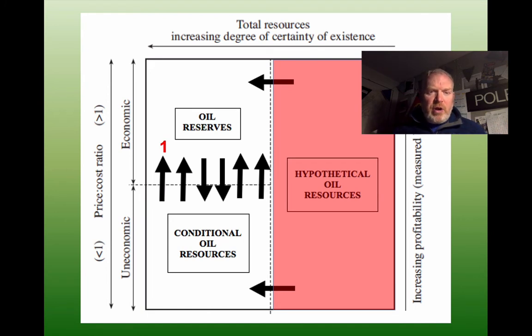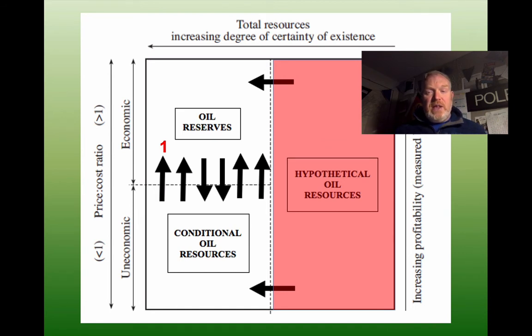A rise in the price will take a conditional oil resource and make it an oil reserve. So if you've got oil that's expensive to get out of the ground, if the price goes up, the cost of getting that out might fall then below the price you can actually sell the oil for, and it goes from being a conditional resource to a reserve.